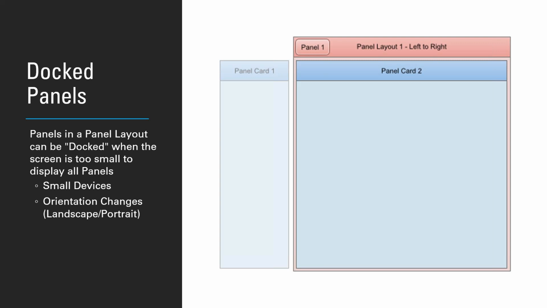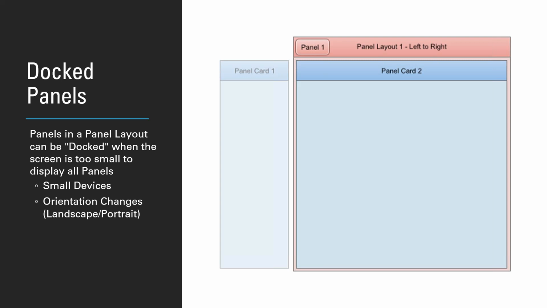There's a minimum size where you can say, if the space available doesn't meet this criteria, then automatically dock, hide this panel card off screen somewhere, and then you can bring that back on screen either through tapping a button or through some other interaction to bring that content into view.